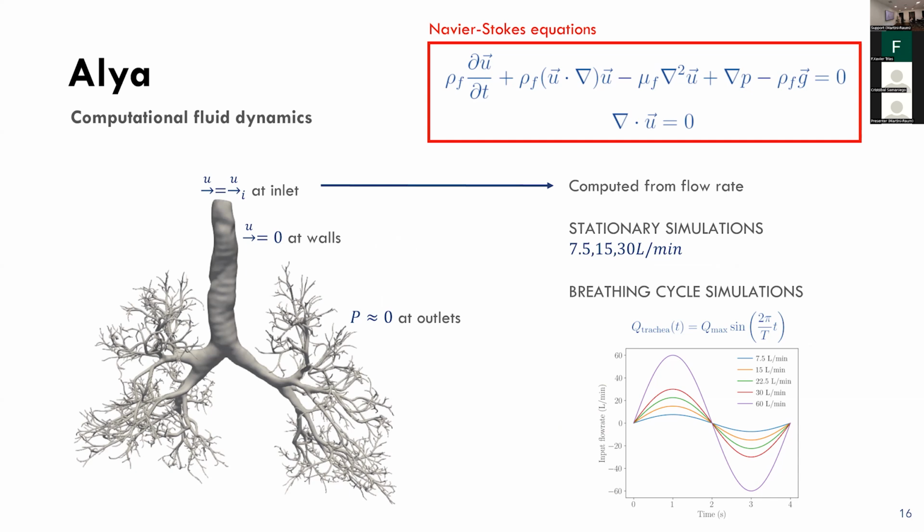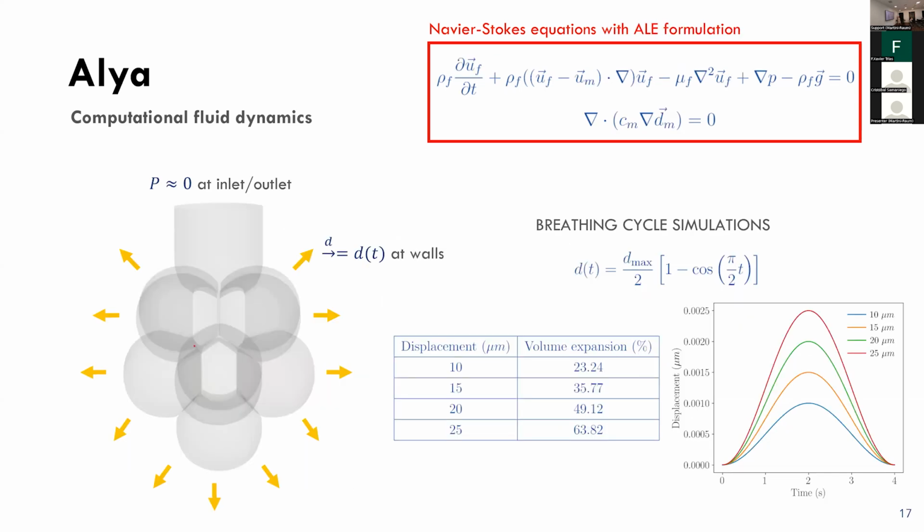So we reproduce stationary simulation and breathing cycle simulation with this flow rate imposed in the inlet. For the alveolar sac, I presented the details before, but in this case, we are solving the Navier-Stokes equations with moving walls and imposing these displacements for different physiological conditions.